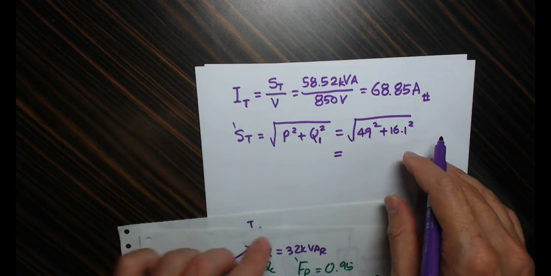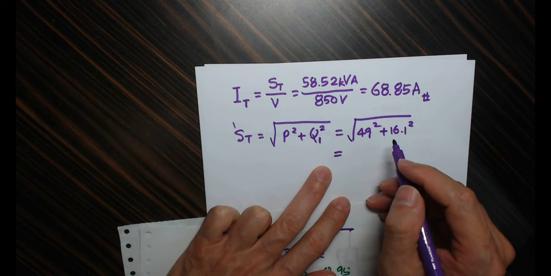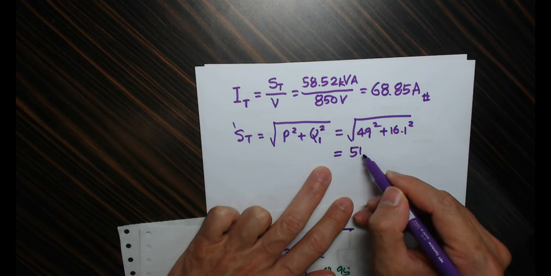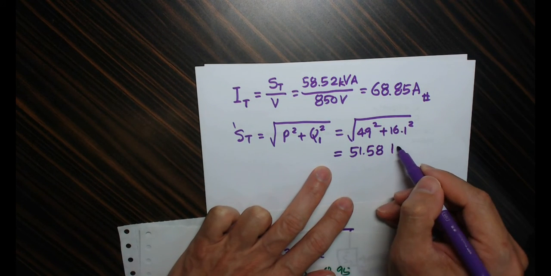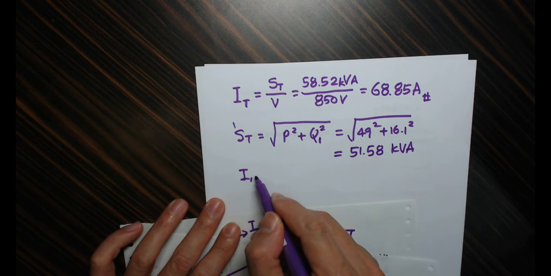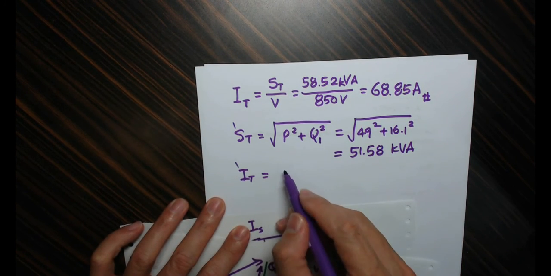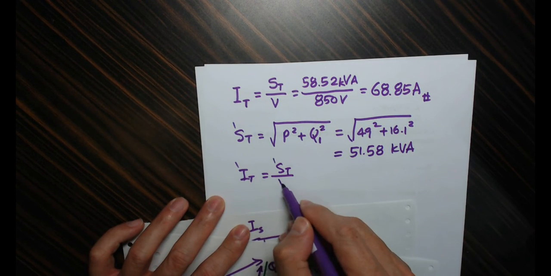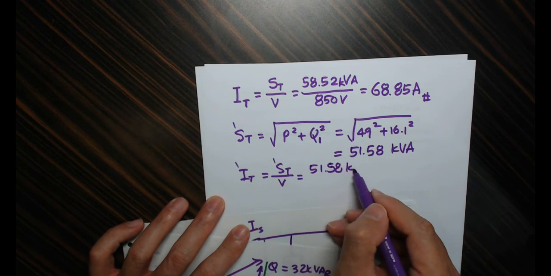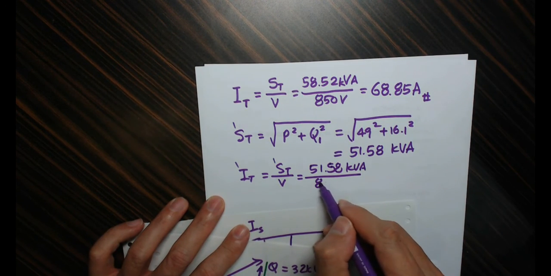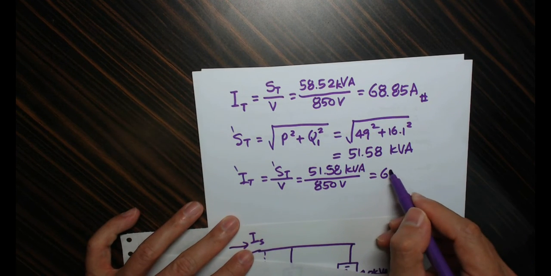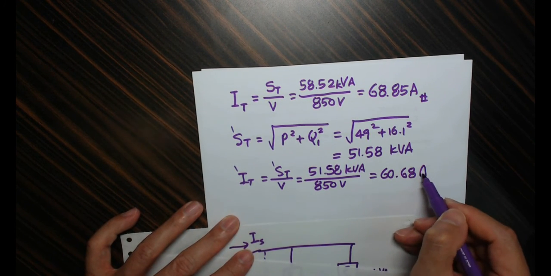So the new apparent power is 51.58 kVA. Therefore, the new current is ST prime divided by the voltage applied. So it's 51.58 kVA divided by 850 volts, and that gives me 60.68 ampere.